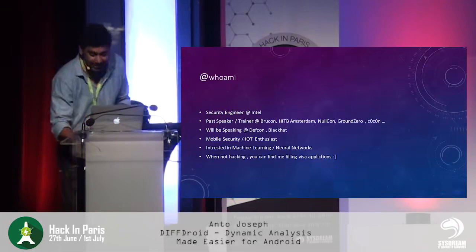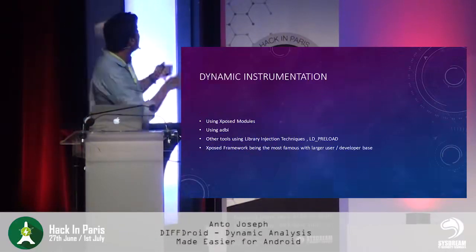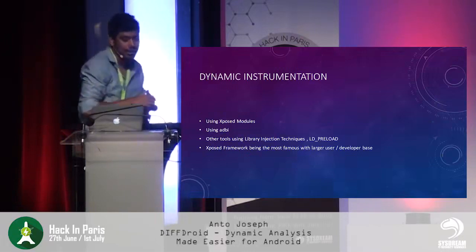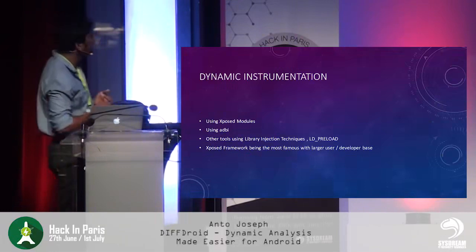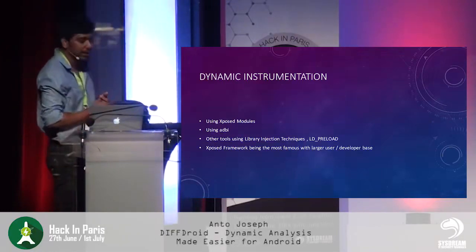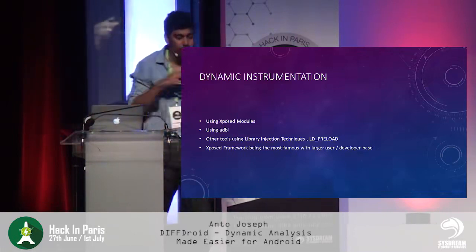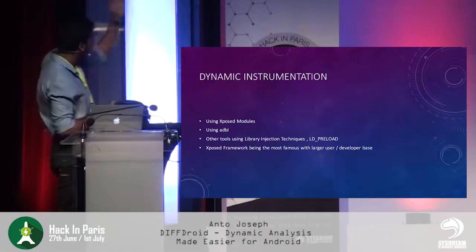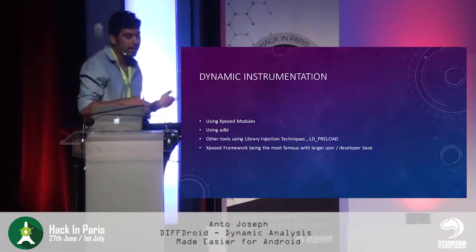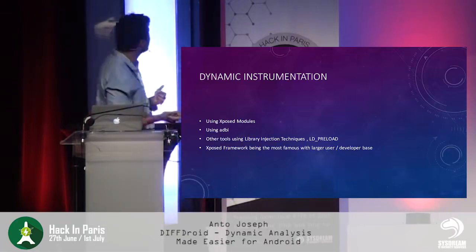So that happens. And this is the state-of-the-art hooking tools that are available to us right now. We can use Xposed modules as I demoed. Then there is ADBI, which is like a library injection toolkit. Many awesome tools have been written on top of it. And you can use the older LD_PRELOAD trick in Android as well to load your own libraries into the process.